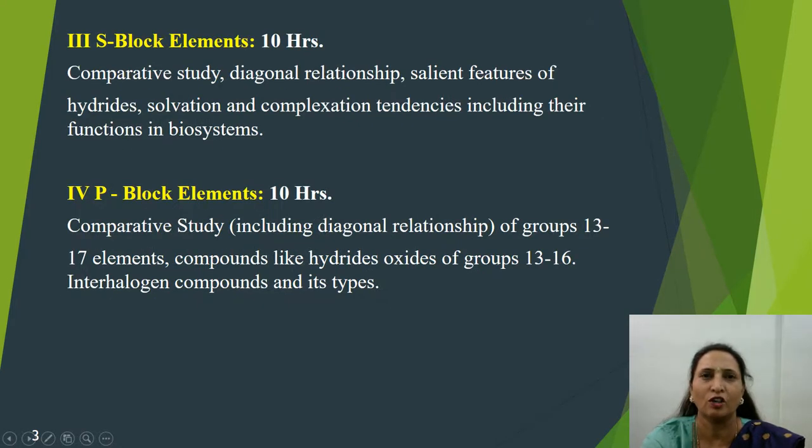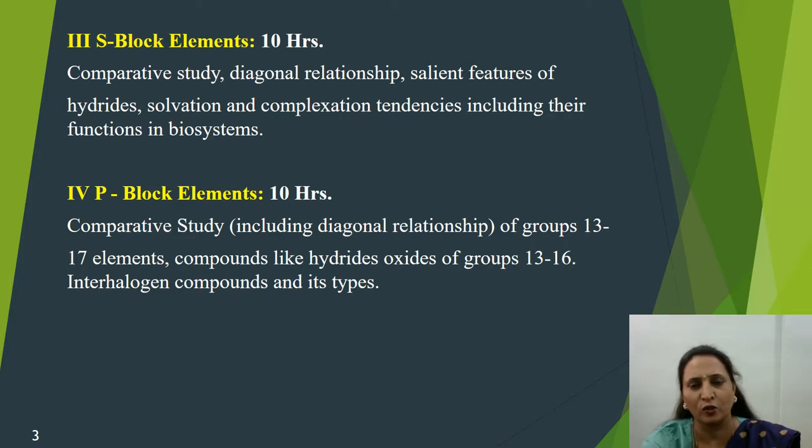Now the third topic is S block elements, which include comparative study, diagonal relationship, salient features of their hydrides, solvation and complexation tendencies, and including their biological function. Now the fourth chapter is P block elements, which include comparative study including diagonal relationship of group 13 up to group 17 elements.